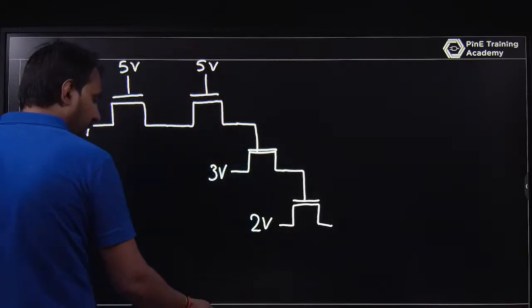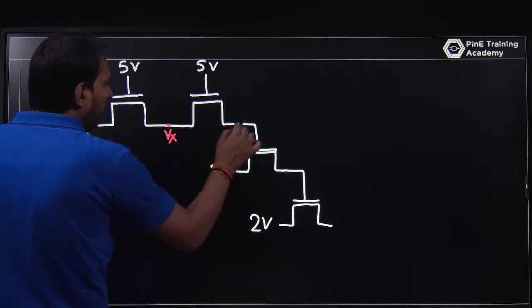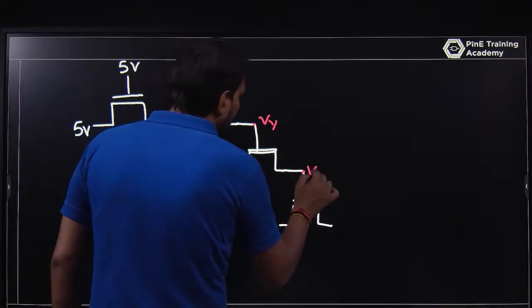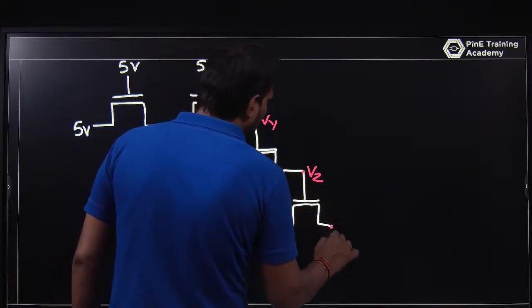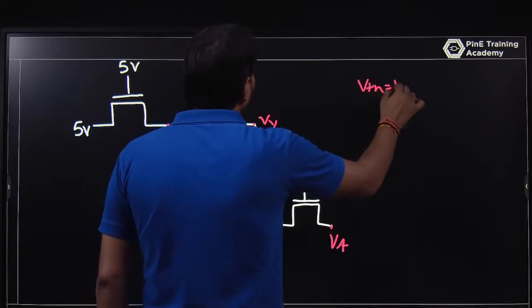Okay, just tell me what is Vx, what is Vy, what is Vz, what is Va, where the threshold voltage of the MOSFET is 1 volt.